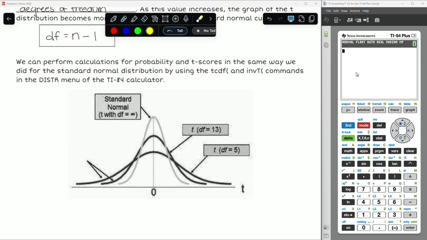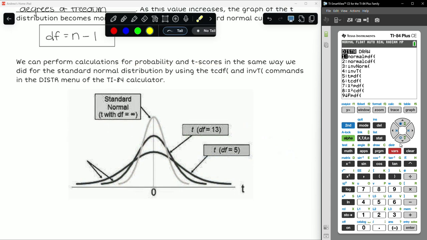I press second vars on my calculator to open the distribution menu, and I can see that there's an inverse t, which will get me t-scores given a percentage, and a t-CDF, which will give me a percentage given a t-score. We're primarily going to be focused on the inverse t command because we're going to be using that to find our critical values, just like we did inverse norm for critical values when sigma was known.